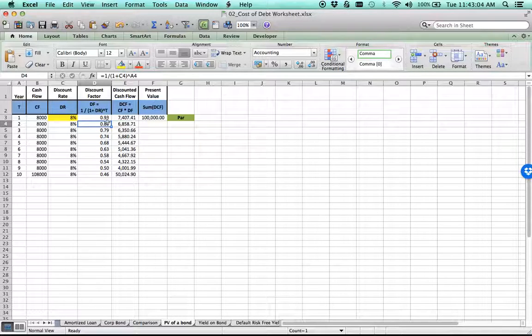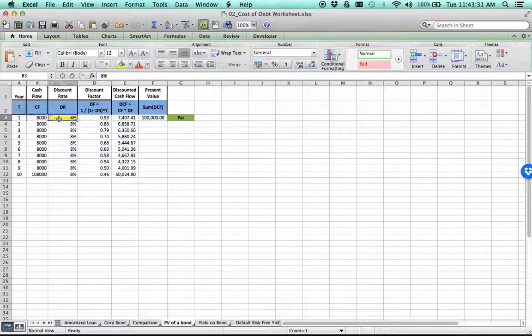So that's what I call a discount factor. So if we take the cash flows, multiply by the discount factor, we get the present value of each cash flow. So here's the discounted or present value of all of these future cash flows. If we sum them all up, which I've done here, they come up to $100,000. And that's because the discount rate equals the coupon rate, okay?